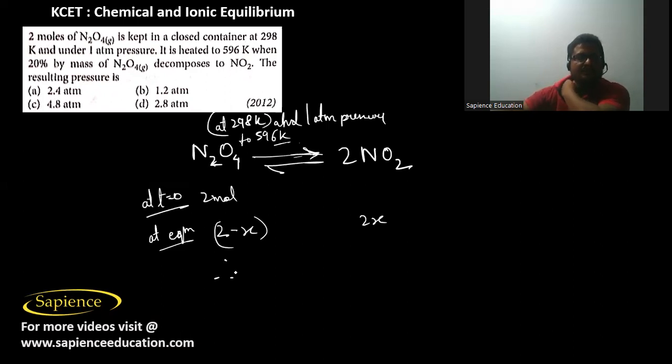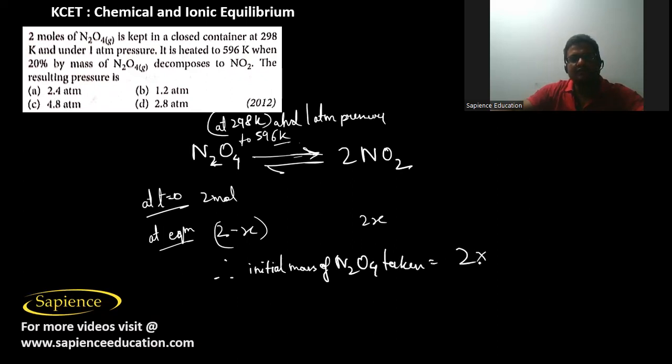So now, therefore, the initial mass of N2O4 that is taken is equal to 2 moles into the molar mass of N2O4.